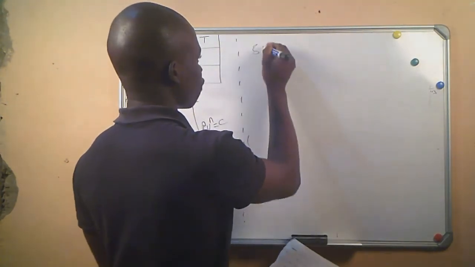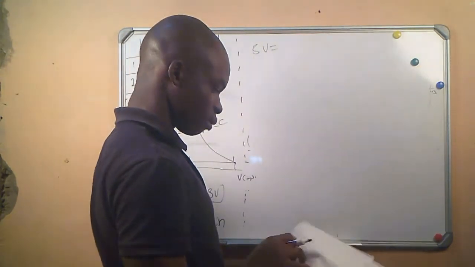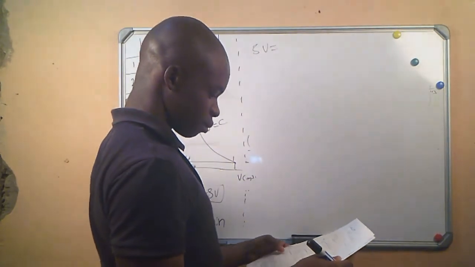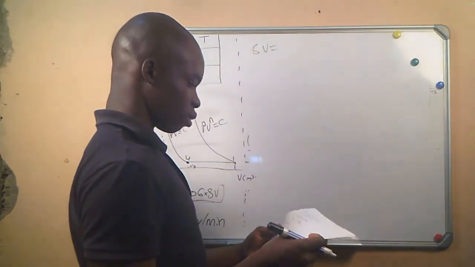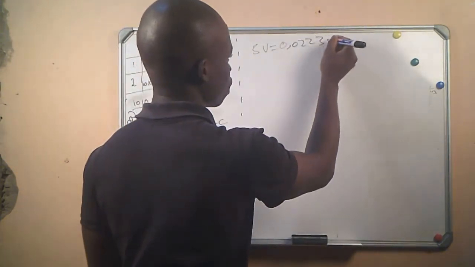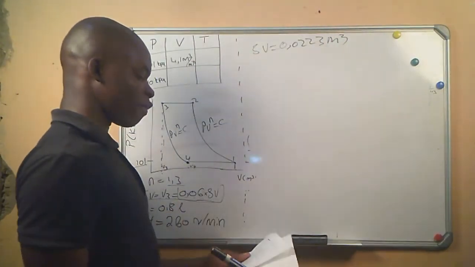Our swept volume, what did we get for swept volume? We got 0.0223 cubic meters.